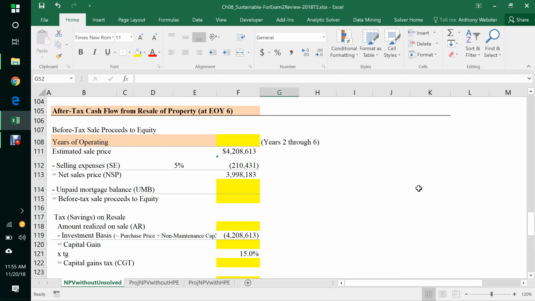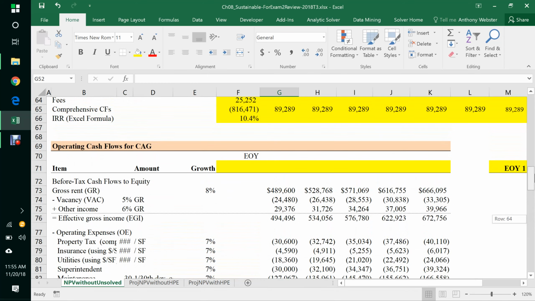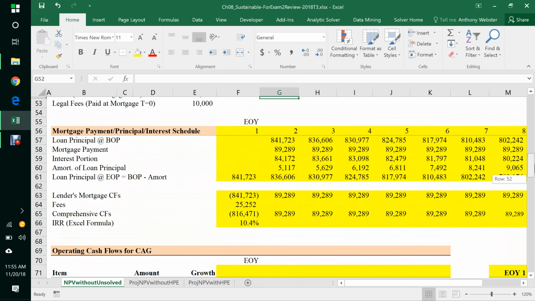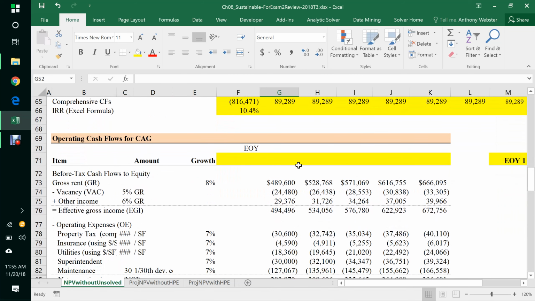Okay, so years of operating, we just have to go up here and see what they were operating for. It starts becoming a cash-flow-producing property at the end of year one.